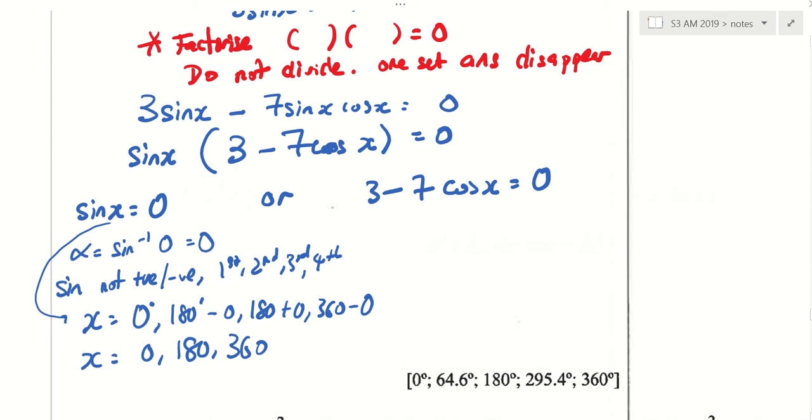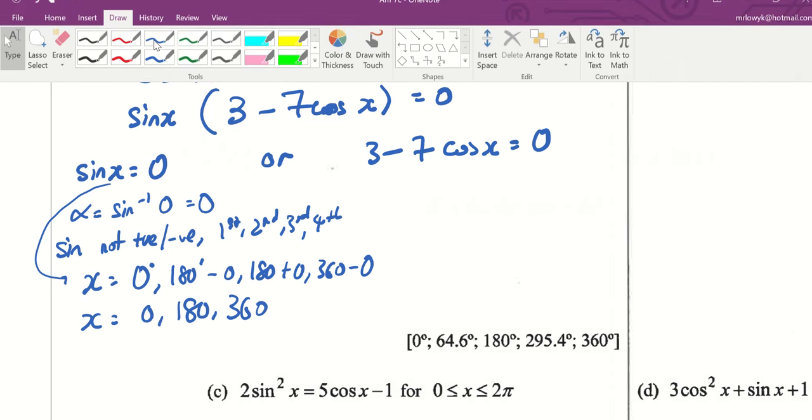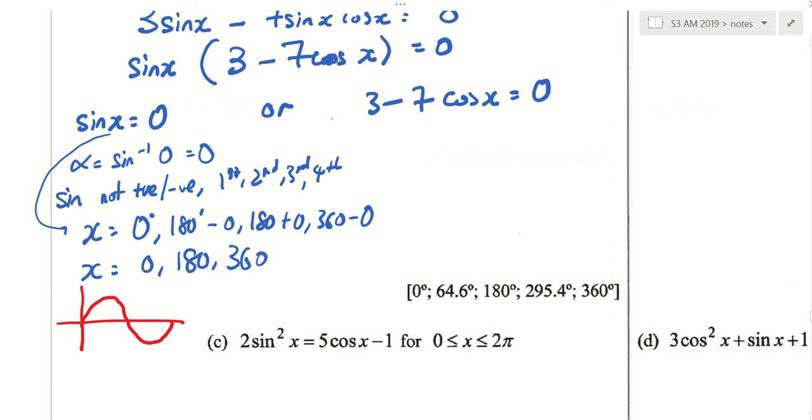Now, let me explain why it is so. Can you use your red color pen, draw a cute little sine graph. Sine graph starts from the middle, goes to the top, middle, bottom, middle again. So this is my sine graph. Where is y equal to 0?